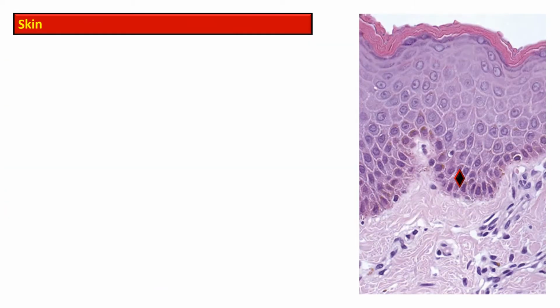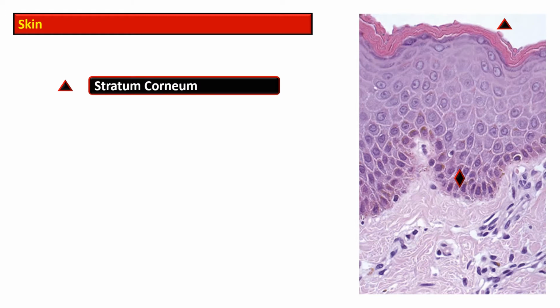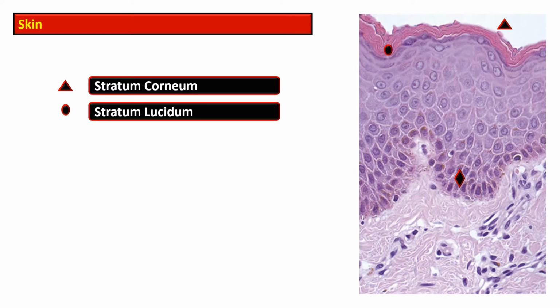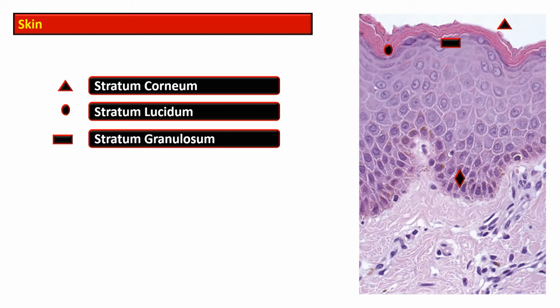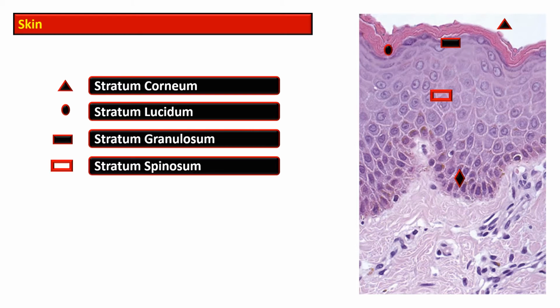Now a brief review of the layers of the skin. The outermost layer is the stratum corneum that continuously desquamates. Below this layer is the stratum lucidum that is thick, and this is pinkish in color. Just below this there is the stratum granulosum, which has a granule-like appearance and contains purplish cytoplasmic granules, and below this prominent layer there is the stratum spinosum.